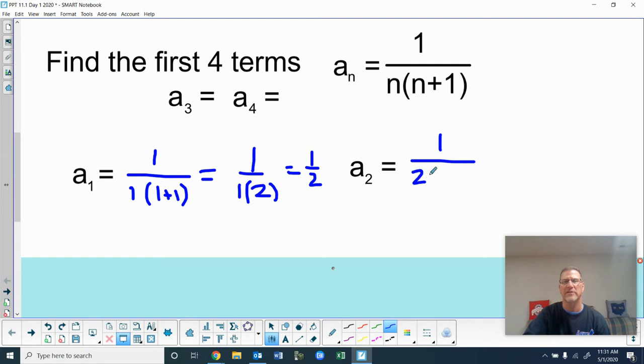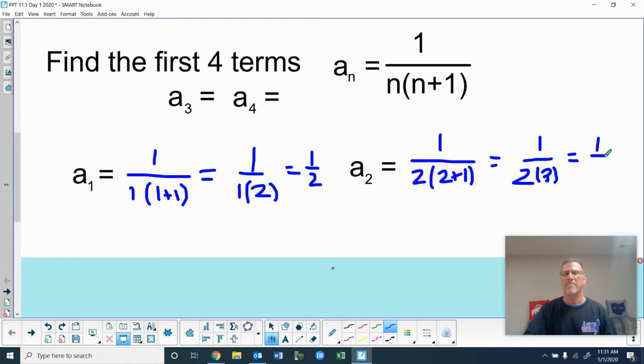So a 2 goes in for that n, and a 2 goes in for that n. That's what it looks like when I substitute. I still get 1 on the top, and a 2 times, and 2 plus 1 is 3. So my second term is 1/6.